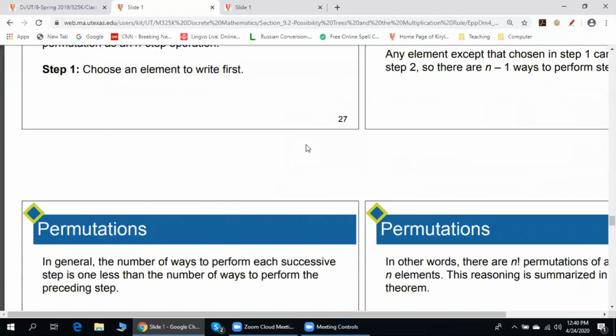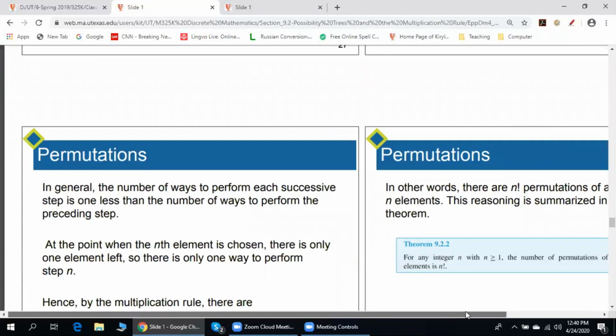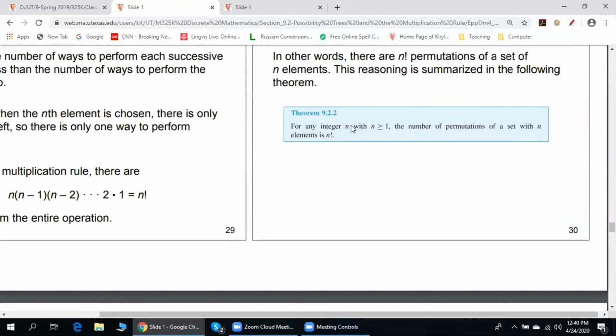Question: suppose we have n elements where n is an integer greater than or equal to 1. What is the number of permutations of a set with n elements? The answer is n factorial.